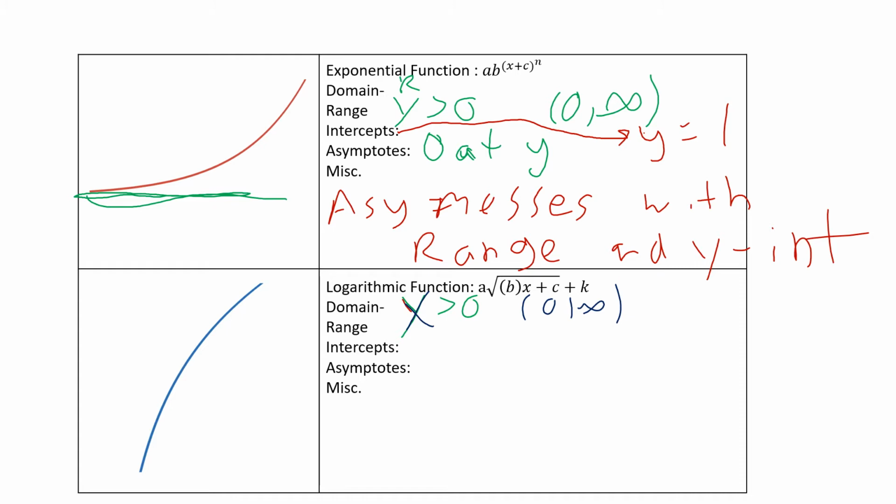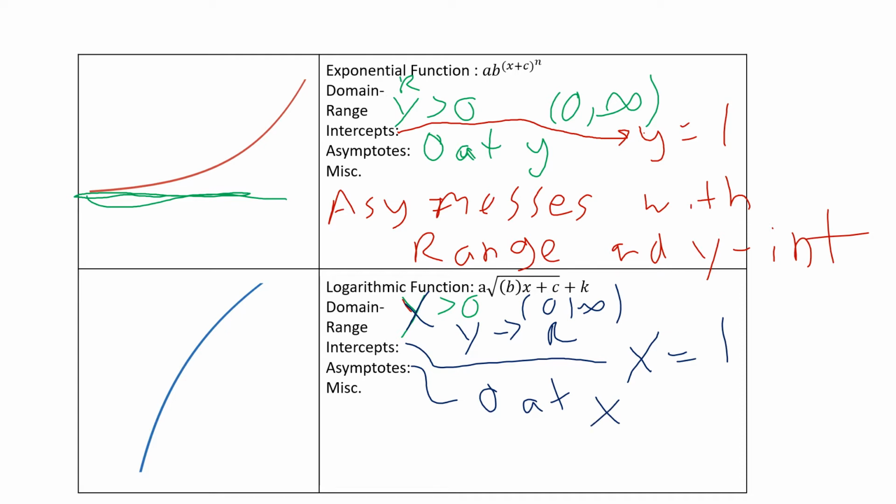X, not y, I'm tripping. The range, y, is going to be all real numbers because again, you're doing the opposite of stuff. Intercepts: x equals 1. The asymptote, of course, is 0 at x.